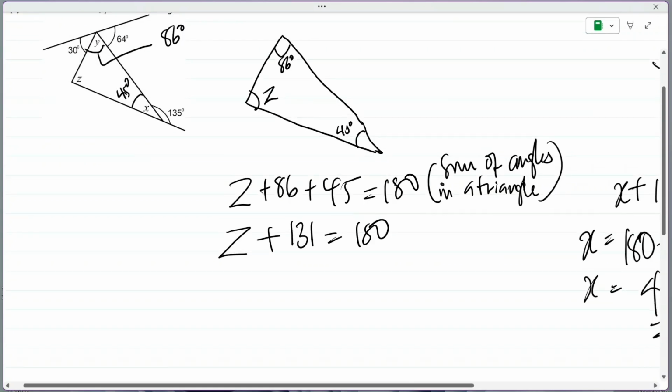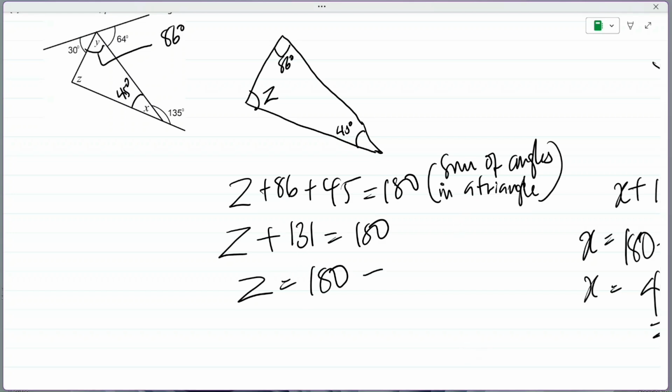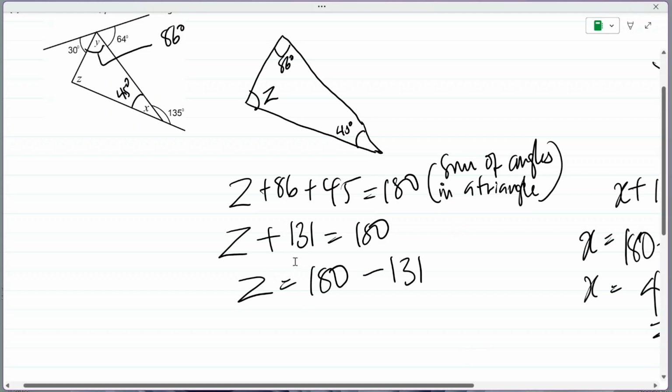We're looking for z, we have z equals 180. Then we subtract 131 from both sides, which is the same thing as saying this plus 131 goes over the equals sign and turns to minus 131. The equals sign changes it from positive to negative, and if it were negative, it changes it from negative to positive. This number owns this sign, and when it goes over the equals sign with the sign it owns, it changes from positive to negative.